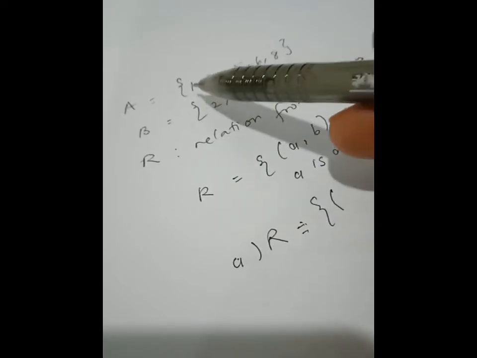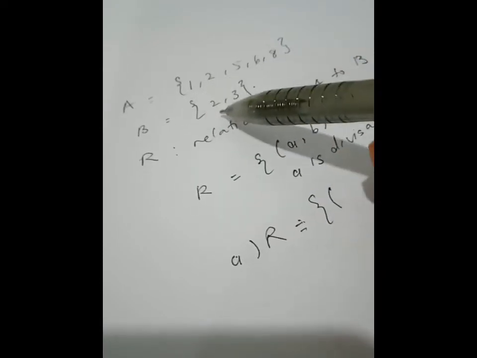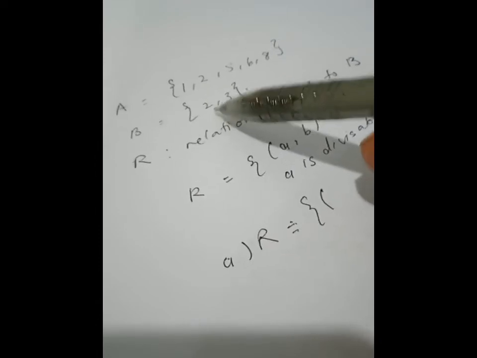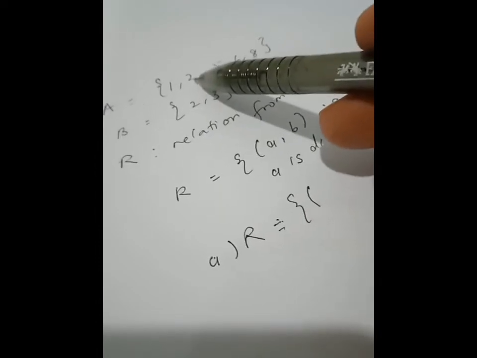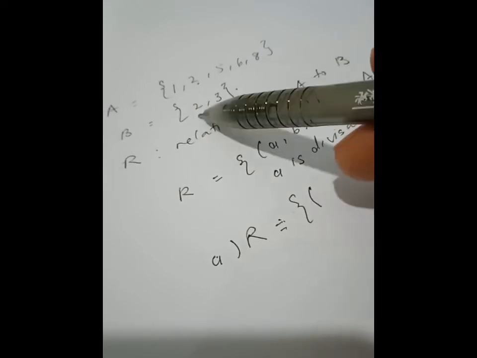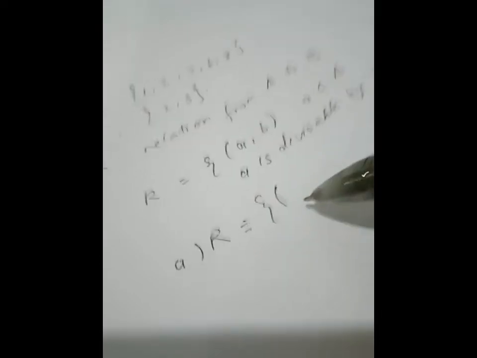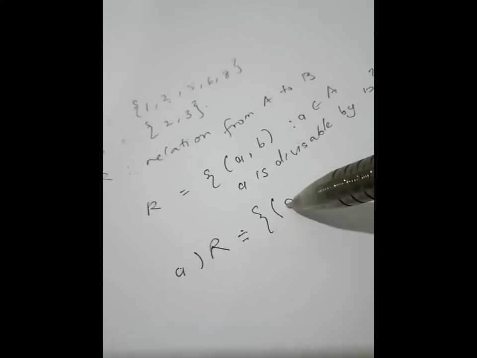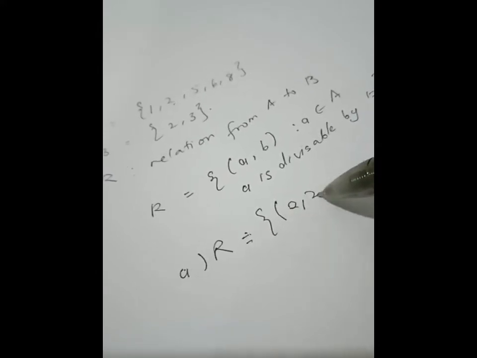So we start with number 1. Is 1 divisible by any element in B? No. Next, number 2. Is 2 divisible by any element in B? Yes. 2 is divisible by 2 in B. So the first pair is (2, 2).